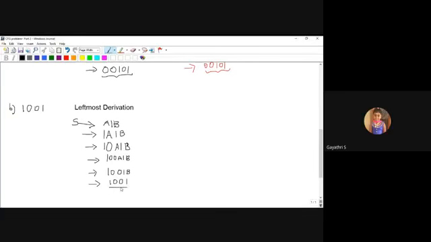Good. Next, rightmost derivation. Again starting with A1B.